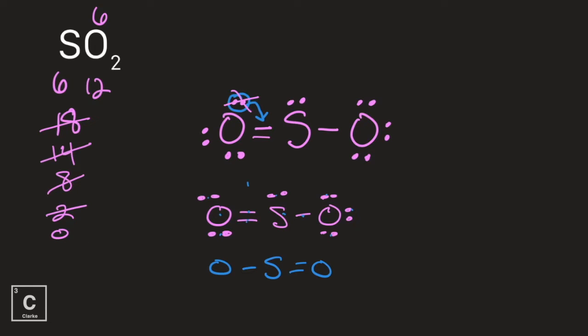Let's do another one. Now I wanted to make sure to include BI3 in these examples because boron is kind of weird. Let's look at boron. Boron is in group 13, so it has 3 valence electrons. And it's a metalloid, so we're like, well, is this an ionic bond or a covalent bond? If we were to look at the electronegativities, we would see that this is a covalent bond.